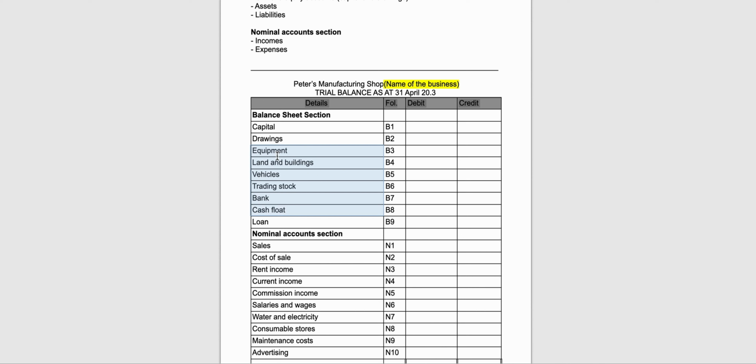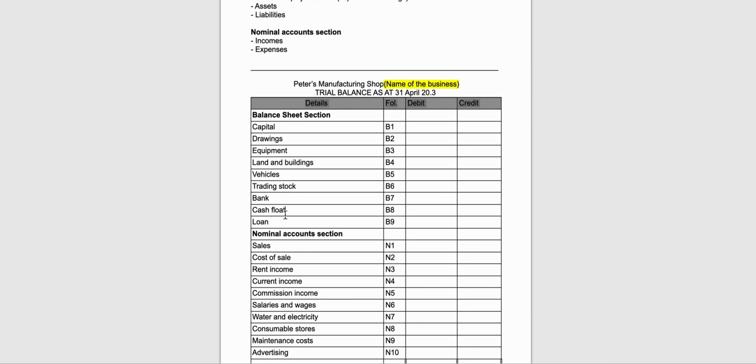In this case, we have equipment, land and buildings, vehicles, trading stock, bank, as well as cash float. You might get other asset accounts. Make sure you put all of them here if they are given to you in an activity.